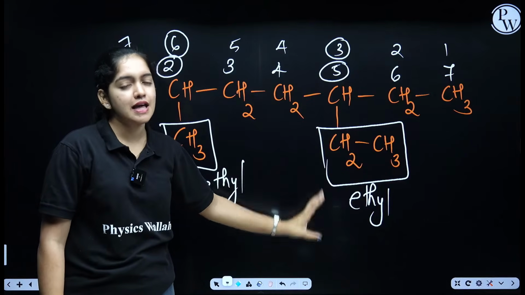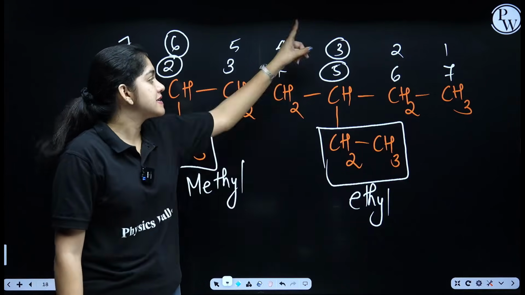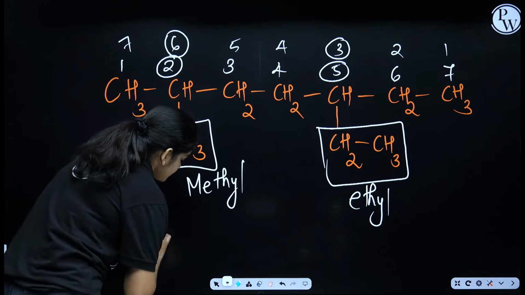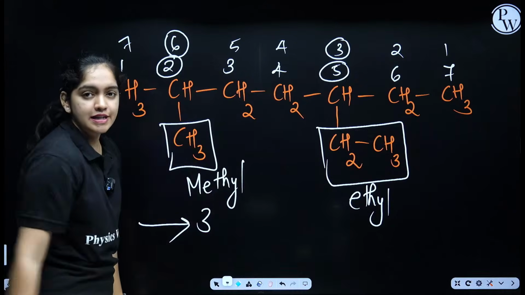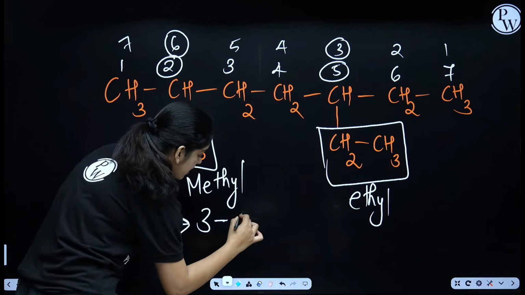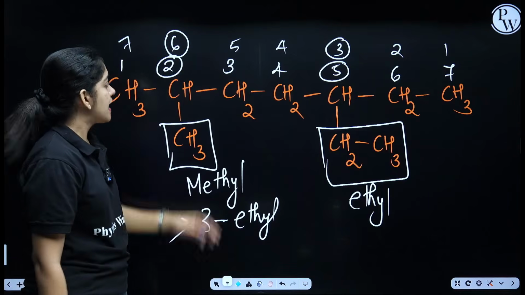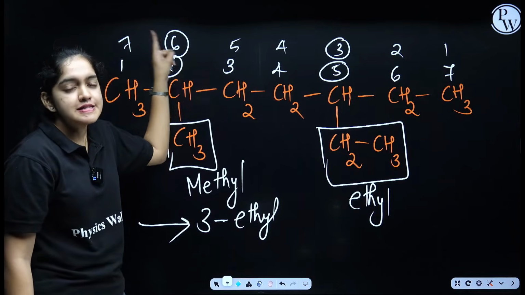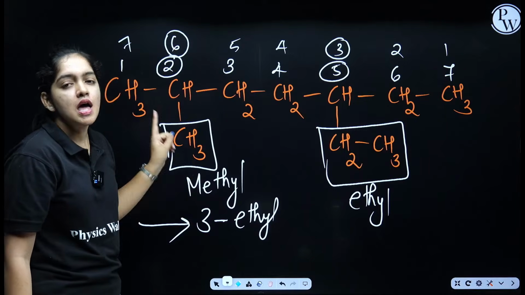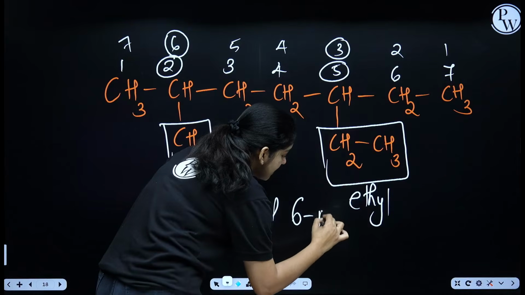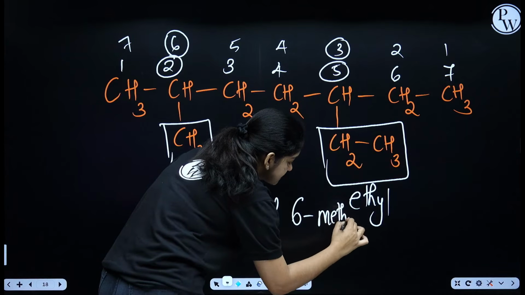First, we write the alphabetical first name, that is, at the third position the ethyl group is there. So the name will be 3-ethyl. Then, one more branch is there. The other branch is at the sixth position. At the sixth position, which branch is present here? A methyl group, CH3 group. So 3-ethyl, then again give a hyphen, 6-methyl.